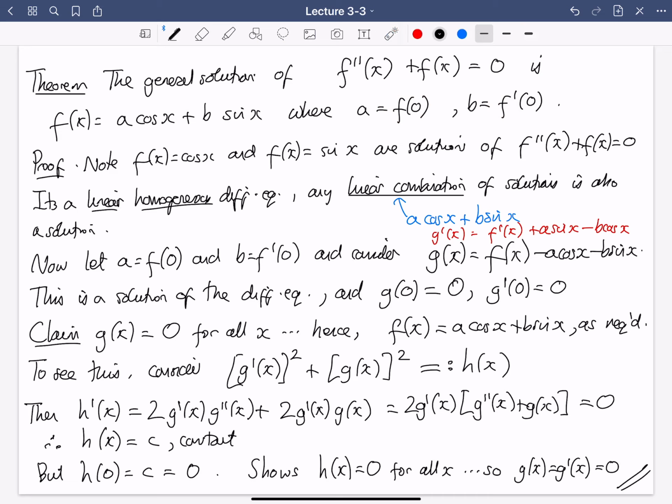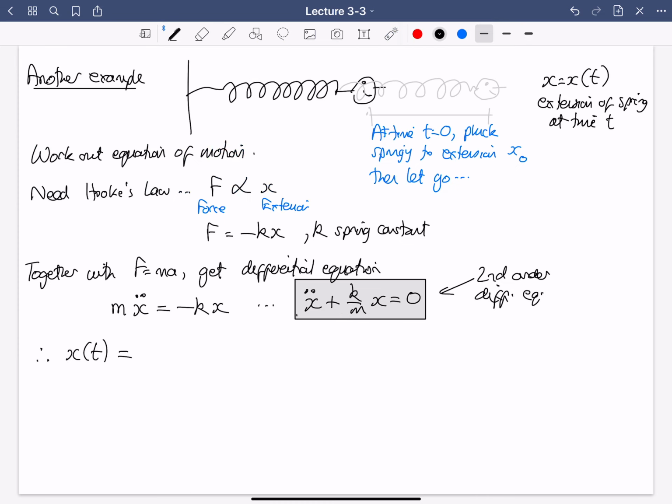Very good. Okay, so let's go back to our equation that was coming from the spring. Remember, I'm not writing f, I'm writing x, and what was x in that theorem is now time, but this is still that same sort of differential equation. Second derivative, I had plus 1 times x, and now I've got k over m times x, but it doesn't really change anything.